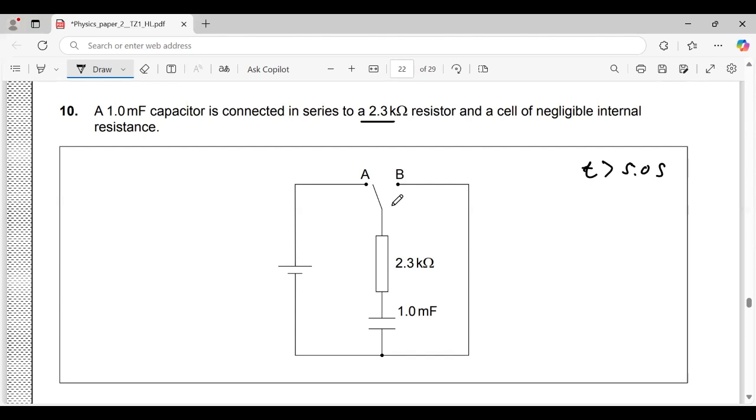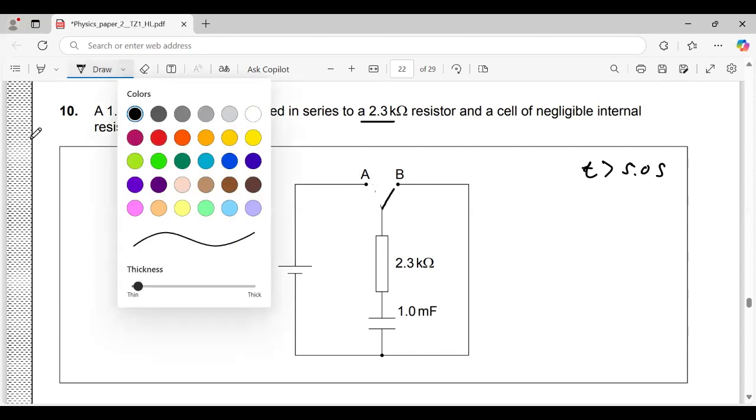after the switch moves to position B, the circuit becomes like this.